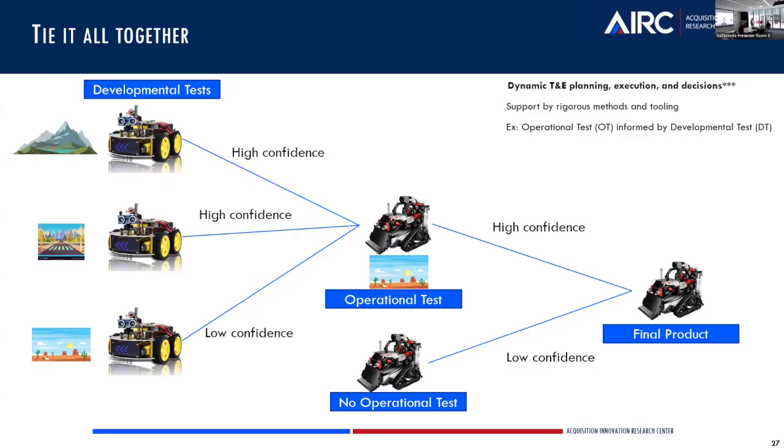What's changed? Yeah, so yes, there's kind of a yes but here. Essentially, some of the confidence that you'd want to include in here is an understanding of the similarity between your developmental, say a prototype, versus your actual fielded system.